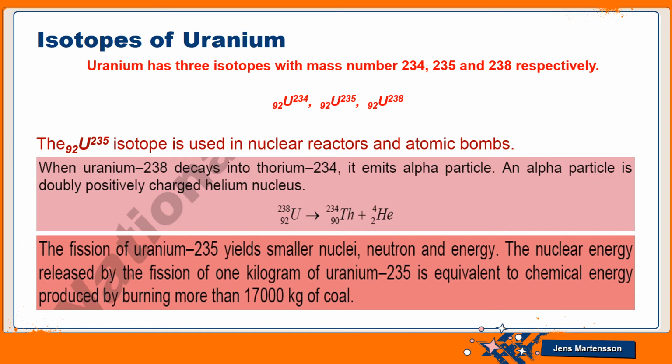So for the nuclear energy produced during this fission reaction, you can say that 1 kilogram of uranium 235, when put through the fission reaction, will produce energy equal to burning more than 17,000 kilograms of coal. So this huge amount of energy is produced by the fission of uranium 235.